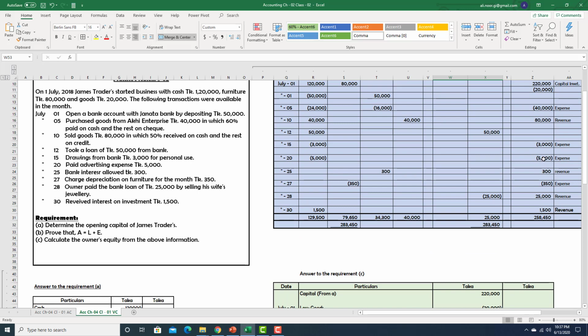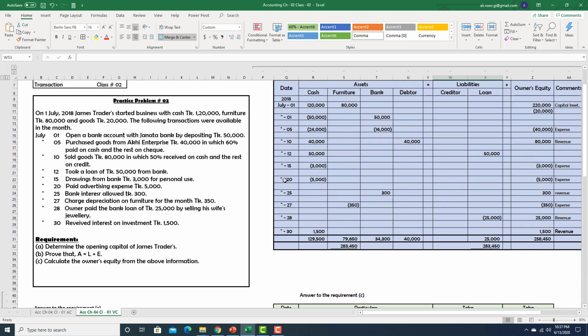Then look for the next one. This is minus 5,000, dated July 20, and July 20 is advertising expense.